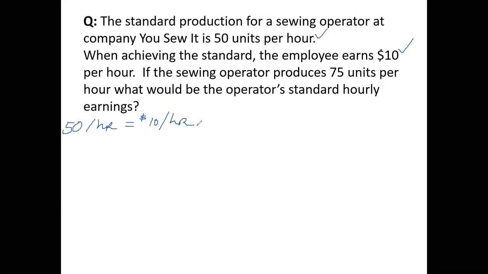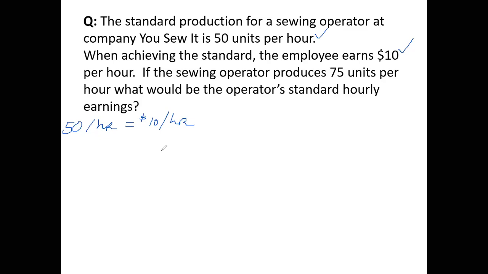You'll get less than, but everything is relative. So in this case, you'll see in the last sentence, if the sewing operator is producing 75 units per hour, then what is the standard hourly earnings?